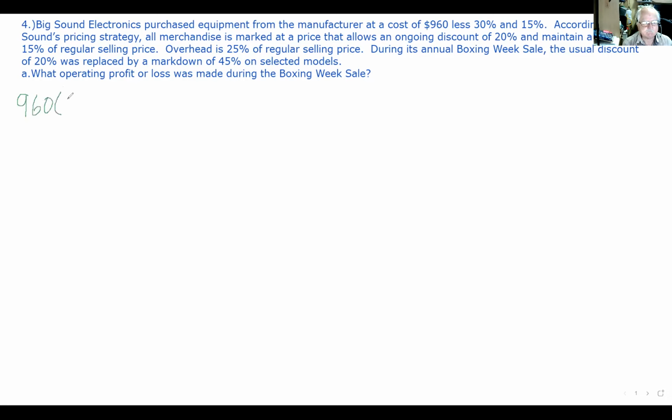$960, (1 minus 0.3), (1 minus 0.15). So in this bracket we'd have 0.7, and here we'd have 0.85.